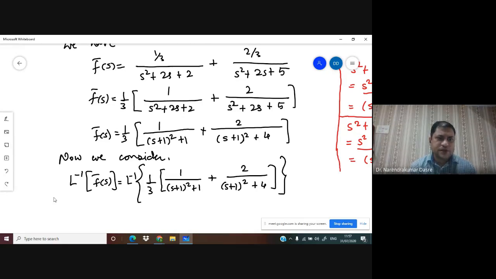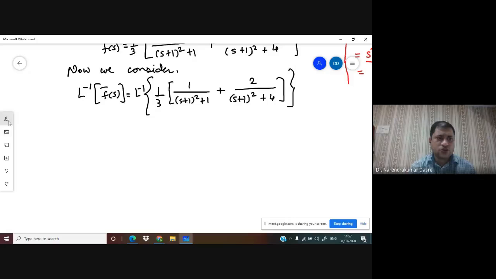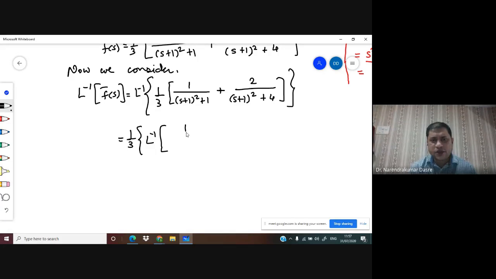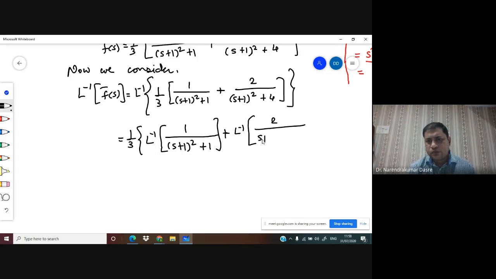Please use proper brackets, so that you will not miss any term. This is equal to, this 1 by 3 being constant, we can use the linearity property of Laplace transform. So we have the inverse of 1 upon s plus 1 bracket square plus 1, and this is plus Laplace inverse of 2 upon s plus 1 bracket square plus 4. Okay, so that's what we'll be having.